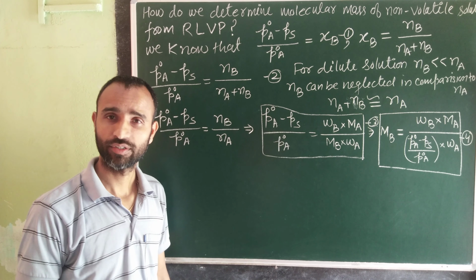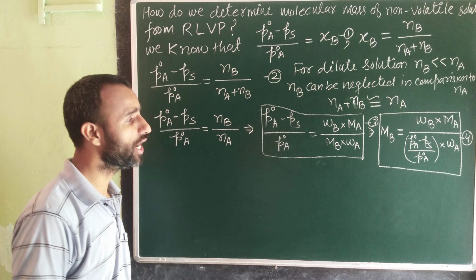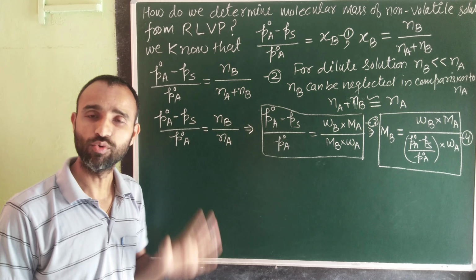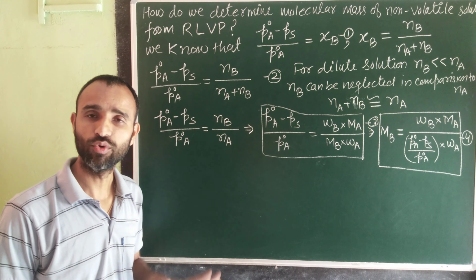But if it is mentioned already that solution is dilute, you can directly use this relation. Okay. Now, if you would like to calculate correct value, exact value, then you should use equation 2.